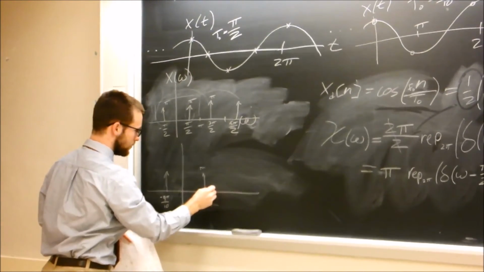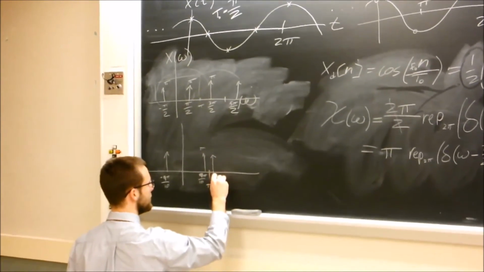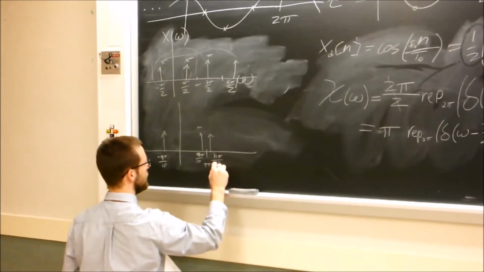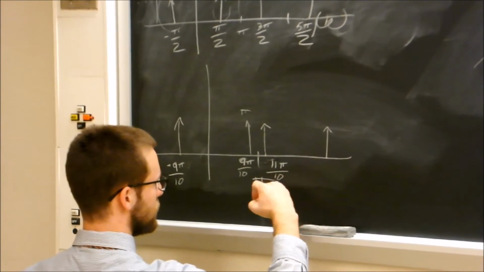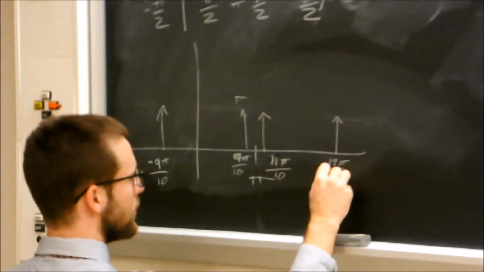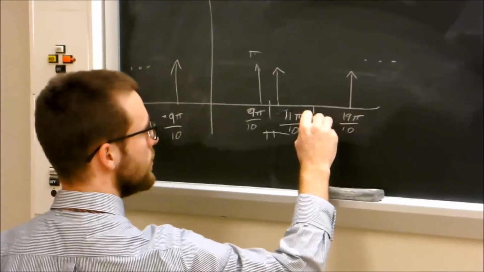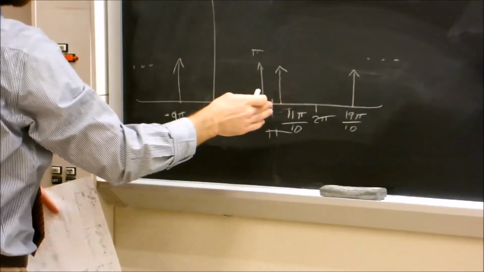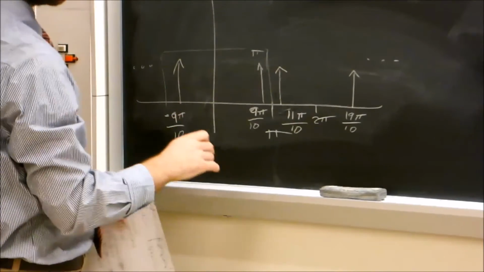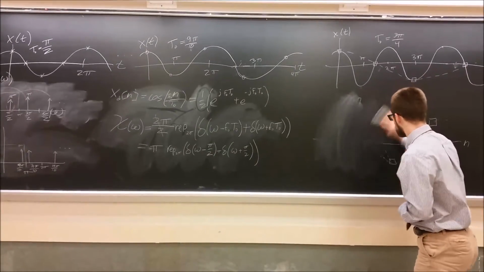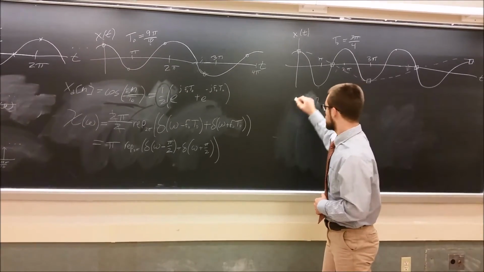And then the next repetitions will be here at 11 pi over 10 and 19 pi over 10. And so you can see here there's still a little bit of a gap. The arrows don't overlap.